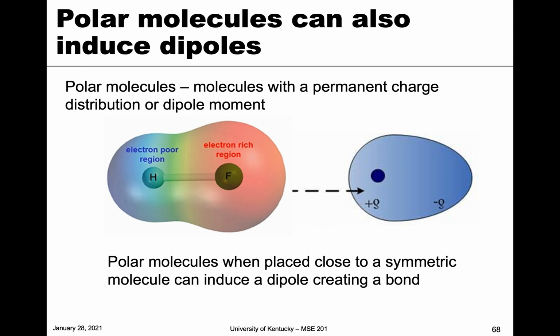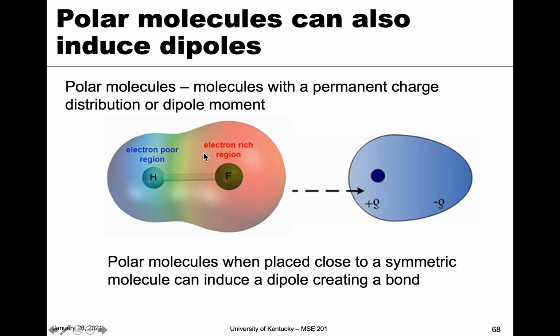All right. But there also are molecules that are inherently dipoles. They always have a permanent distribution in which part is negative, part is positive. These are known as polar molecules. They have a permanent charge distribution, or what we call a dipole moment. Take HF, for example.